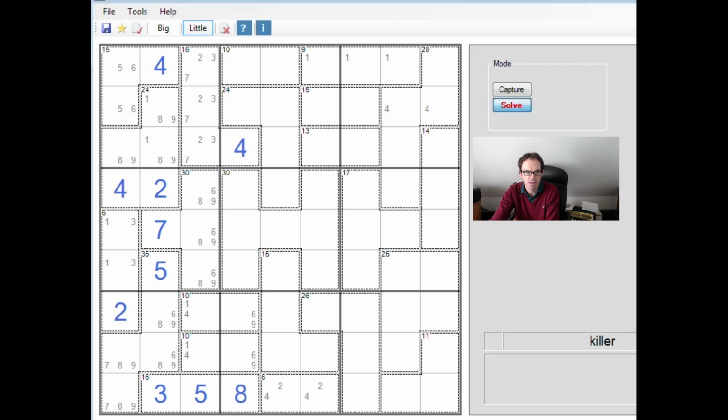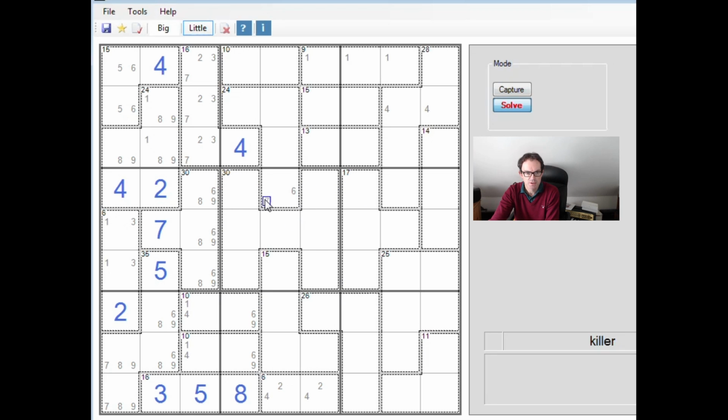Let me just think about that a bit more. So this is either 1, 2 and 6 or 1, 3 and 5. Can't quite see how to resolve that. This 30 cage, this huge 30 cage in the shape of an H in the central 3x3, well, that means that the other two cells that are not in the 30 cage have got to add up to 15, because the total for the 3x3 block will be 45.